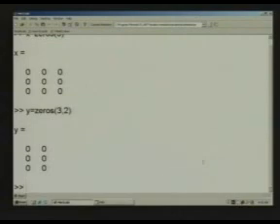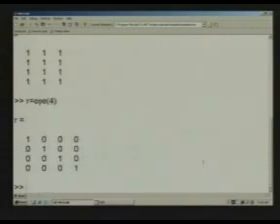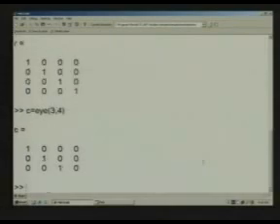If I want a matrix of ones like 4 by 3, I can have that. Suppose I want an identity matrix, 4 by 4, I will just write eye(4). Suppose I write eye(3,4).